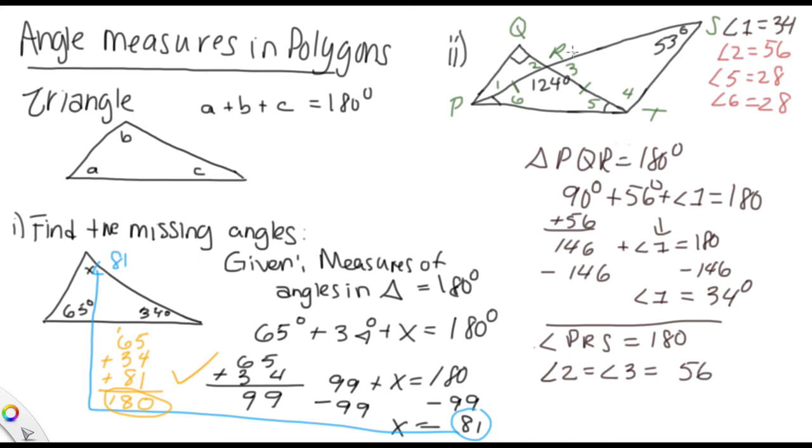And when we look at triangle RST, we know that it has to equal 180. So since we have angle 3 and 53, we can say that angle 4 is going to equal 180 minus 53 minus 56, which equals 71.